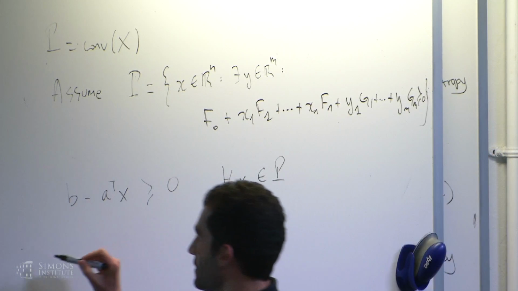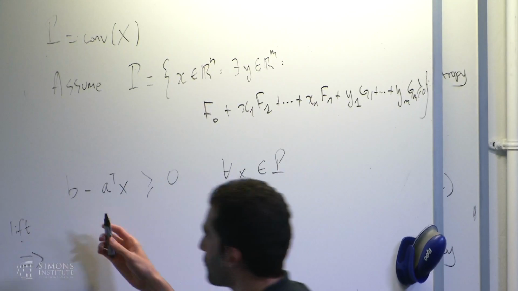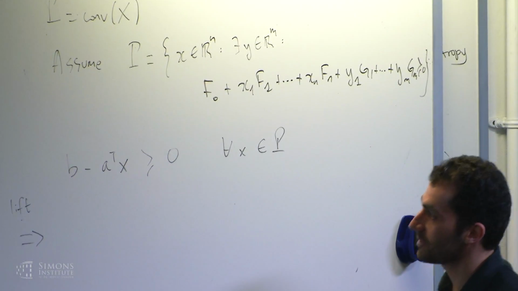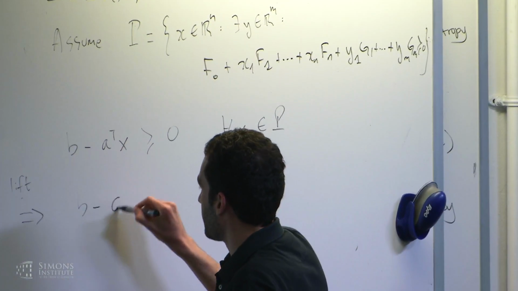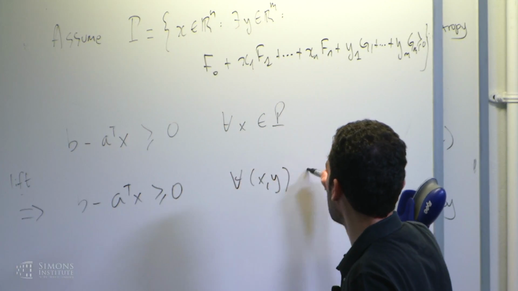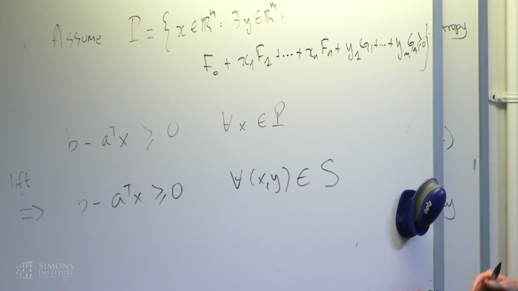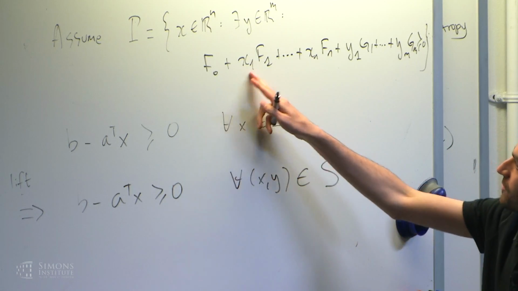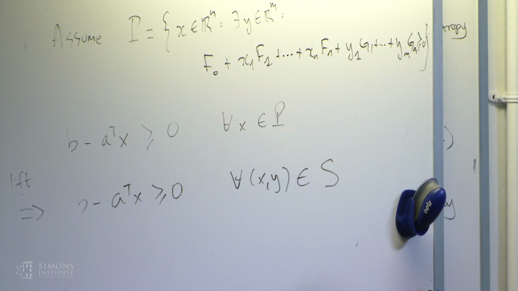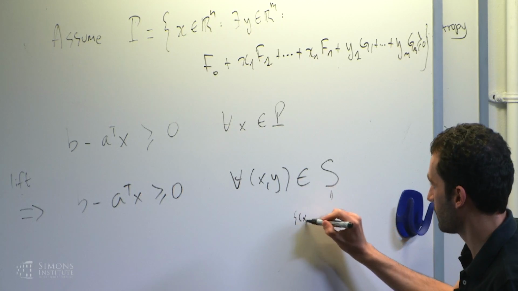So I'm going to lift: I think of this as a valid inequality upstairs. So B minus A transpose X is non-negative for any X, Y in my spectrahedron S. My spectrahedron S is essentially the set of X, Y that satisfy this.